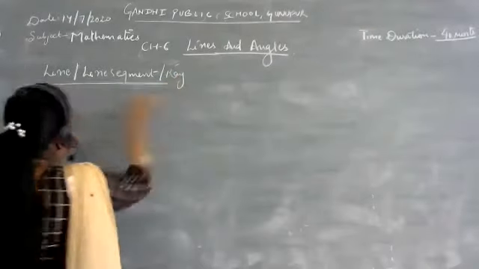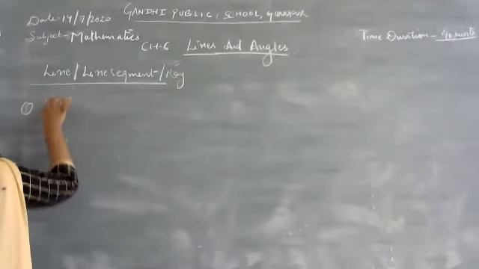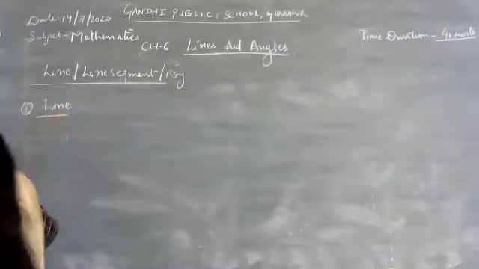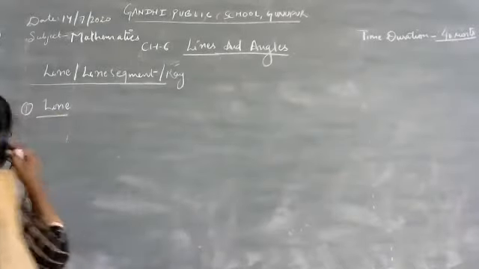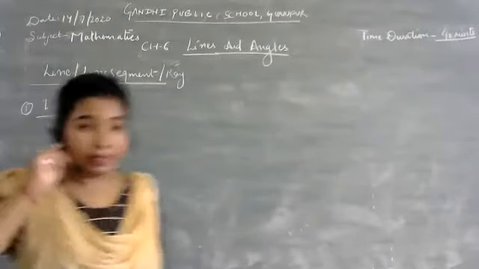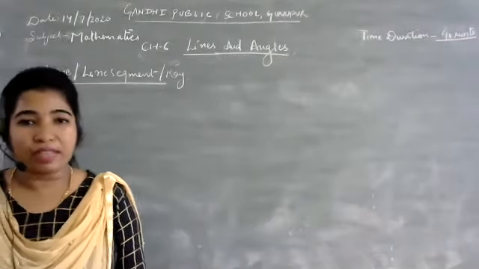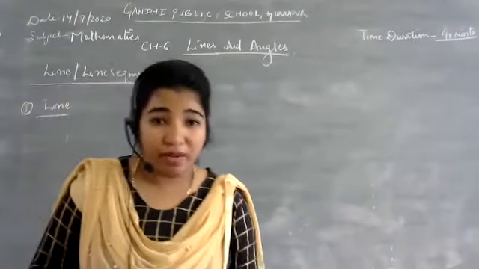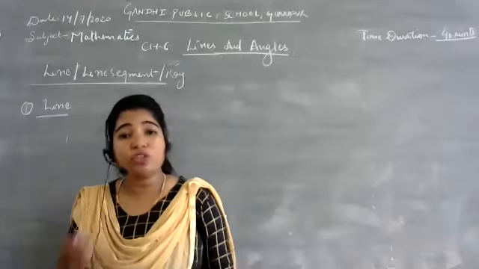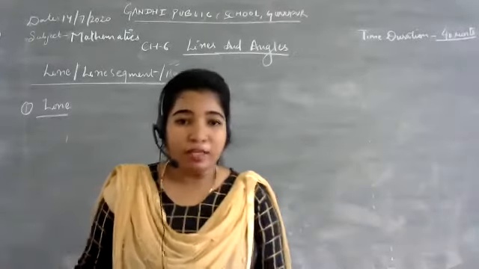First of all, let me explain what a line is. You have already studied these things in your previous classes, line, line segment, and ray. Still, I am introducing them because you are going to use them in this chapter.